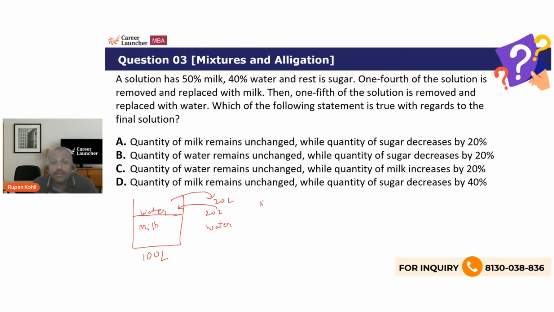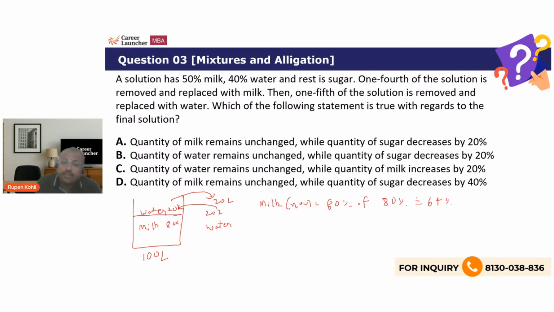Means for milk, whatever is the initial concentration, let's say 80%, and 20%. So you remove 20% of the solution. So the milk concentration will decrease by 20%. So the new concentration will become 80% of the initial percentage, which is 80%, which is 64%.